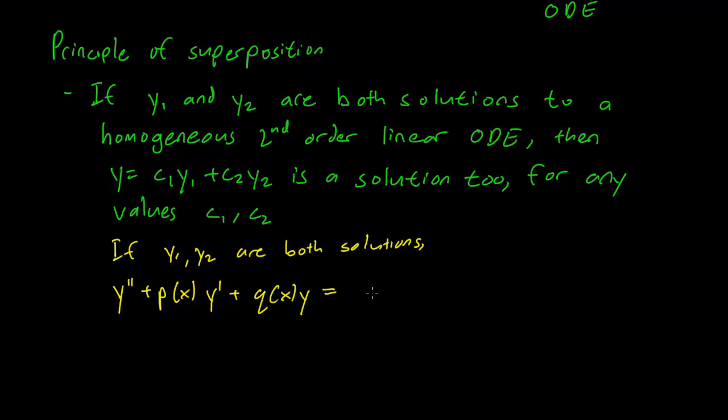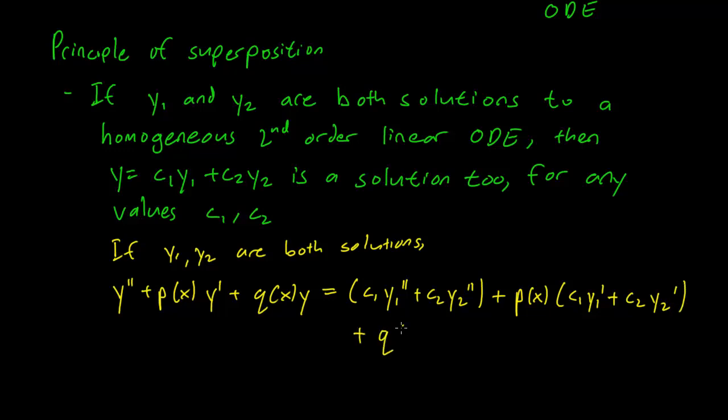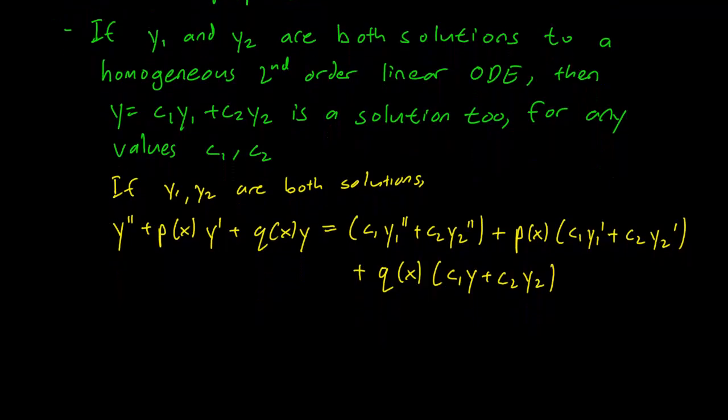So we know how derivatives distribute, so this just becomes c1 y1 double prime plus c2 y2 double prime plus p(x) times c1 y1 prime plus c2 y2 prime plus q(x) times c1 y1 plus c2 y2. Okay, because the derivative and the second derivative both distribute very nicely, we can do that.